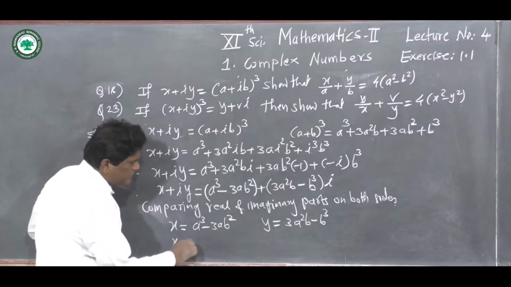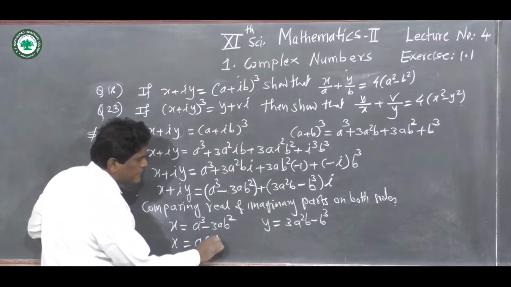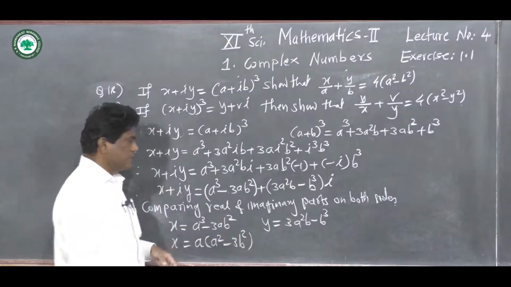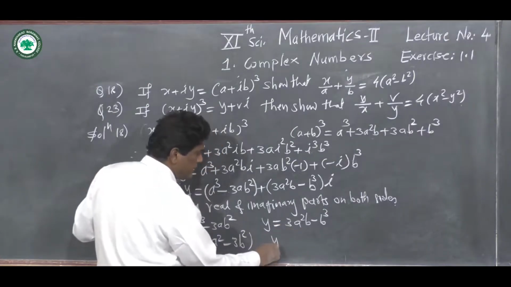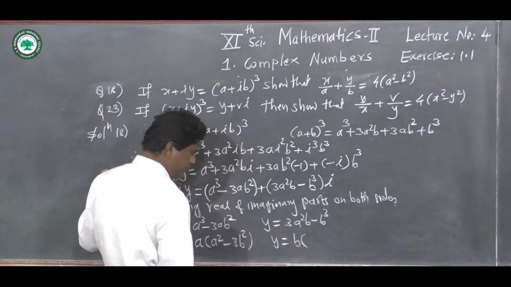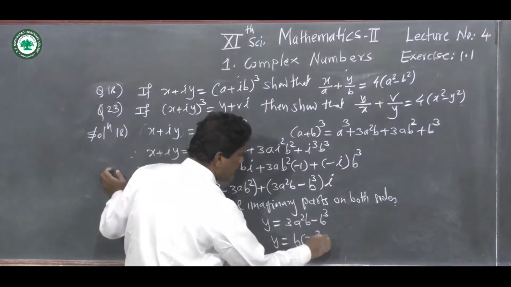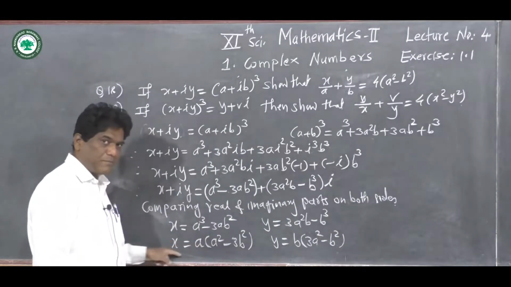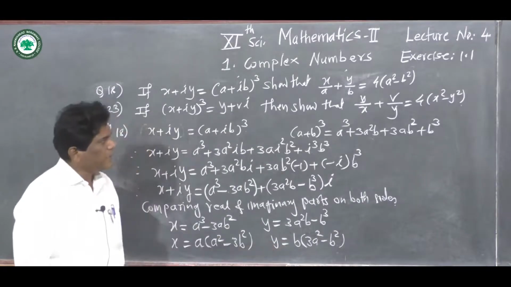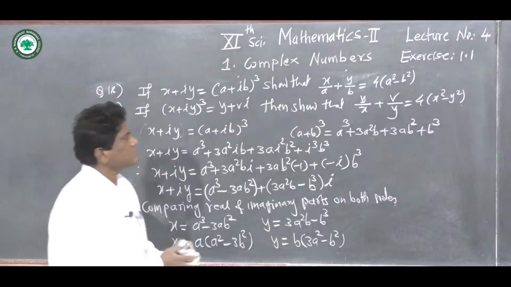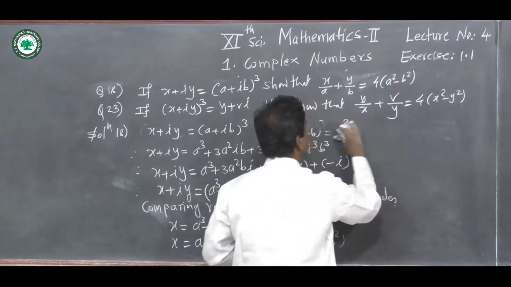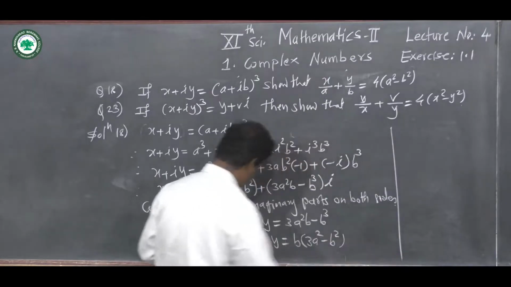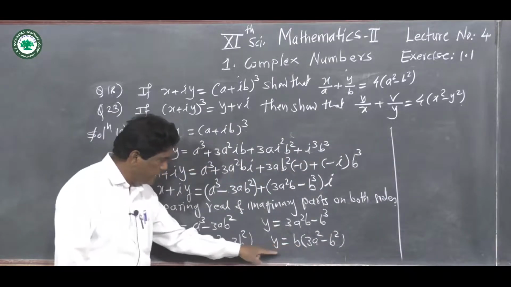So x is equal to a in the bracket a^2 minus 3b^2. Get it? Now we take b common, so y is equal to b in the bracket 3a^2 minus b^2. Now we carry a to the left side and b to the left side.